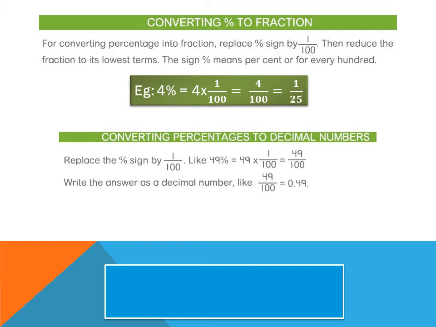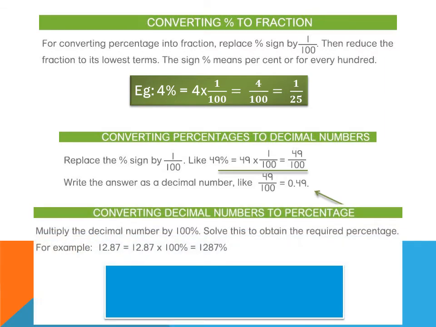Now write the answer as a decimal number, like 49 by 100 is equal to 0.49. This part is the same as converting percentage to fraction, and after we do the actual division we will get a decimal number. So that covers 2 of our subtopics, converting percentage to fraction and converting percentage to decimal numbers.